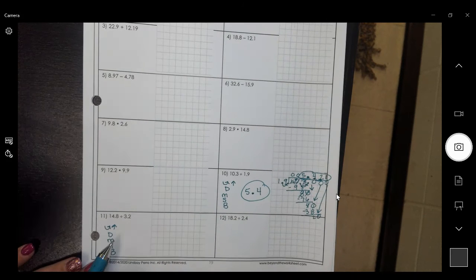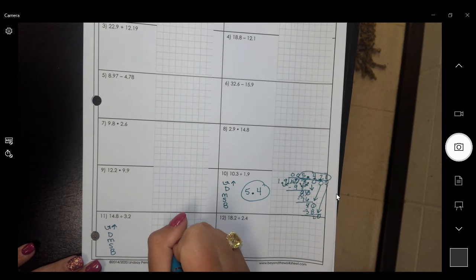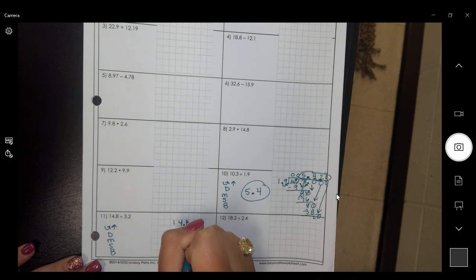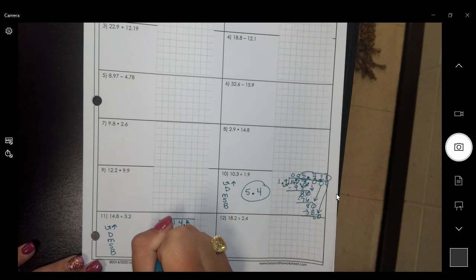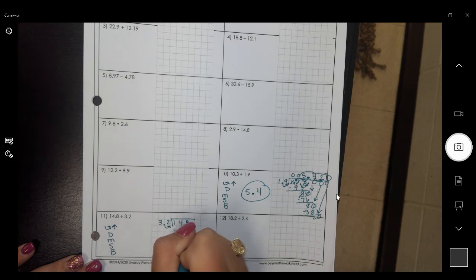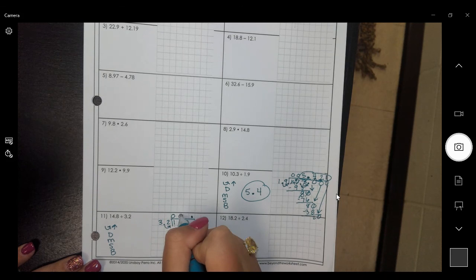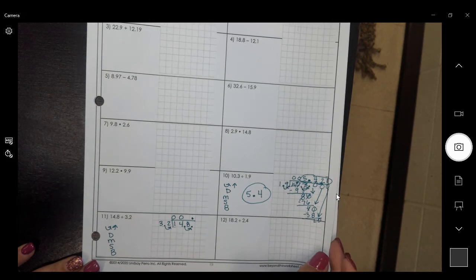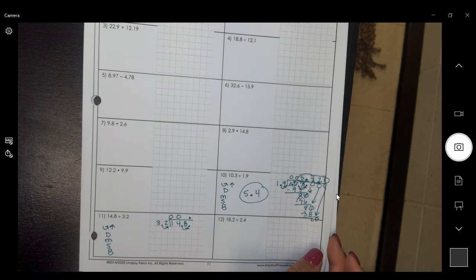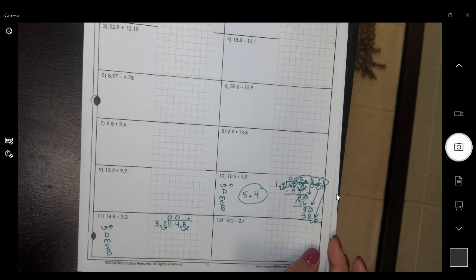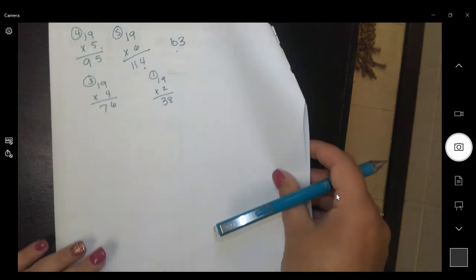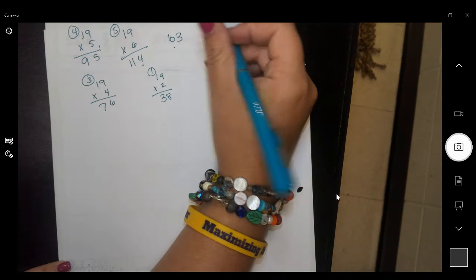Okay, so we're going to do the same thing here. We've got to slide, slide, rise. Okay, 32 won't go into 1. It won't go into 14, but it'll go into 148. So I might try 5, because 32 is close to 30, and 30 times 5 is 150.